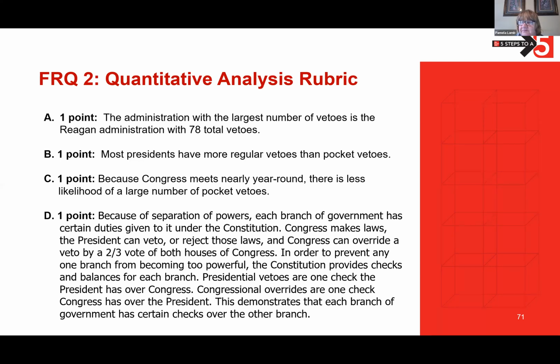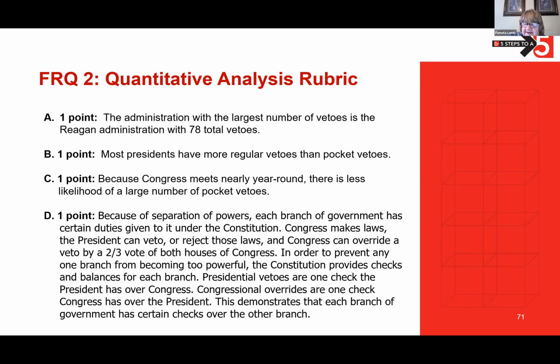You have to know what pocket vetoes are, but pocket vetoes can only occur if Congress has adjourned for the year. The fact that Congress meets almost year round and doesn't adjourn till late December, right before Christmas usually, means there's really no reason for pocket vetoes, because Congress is still meeting.